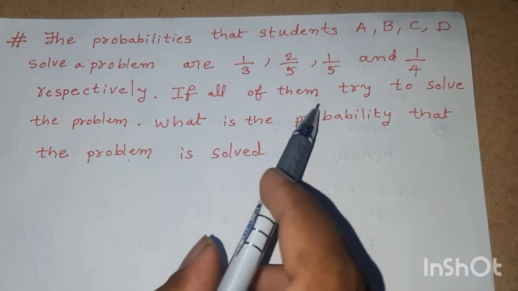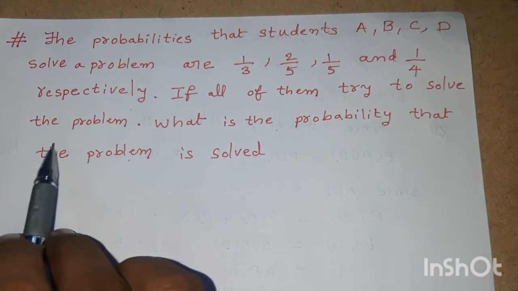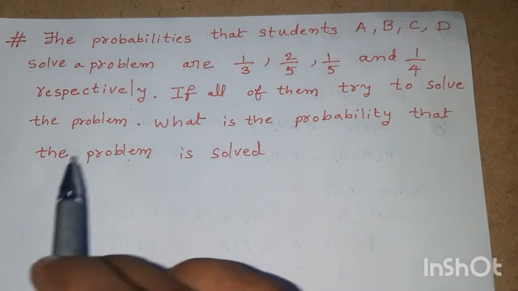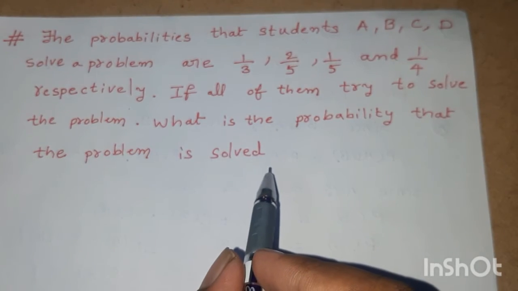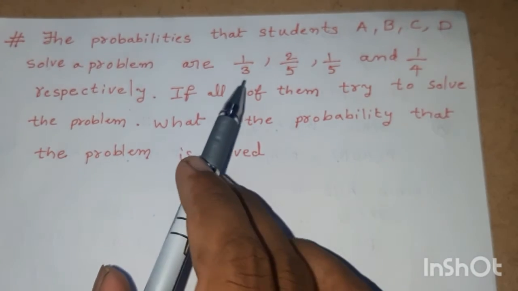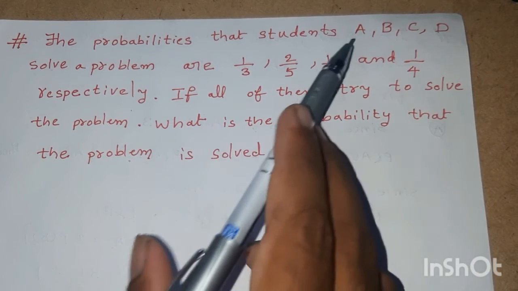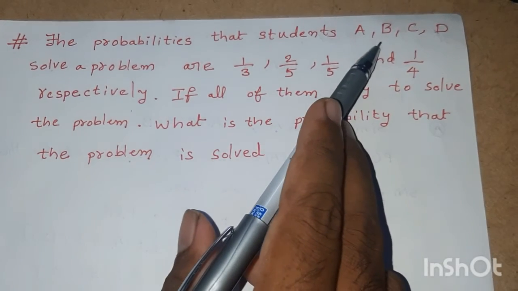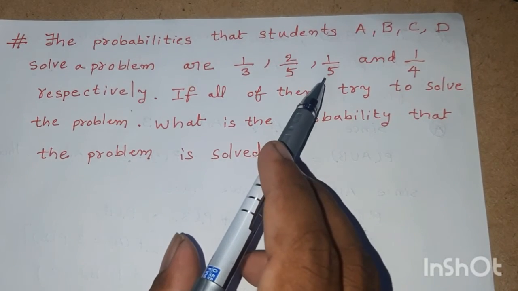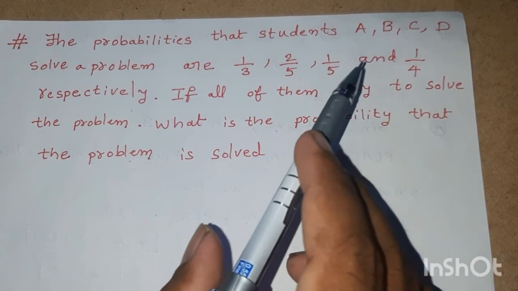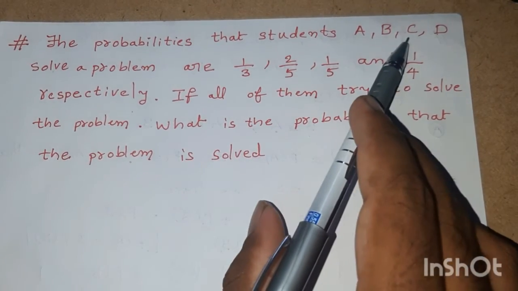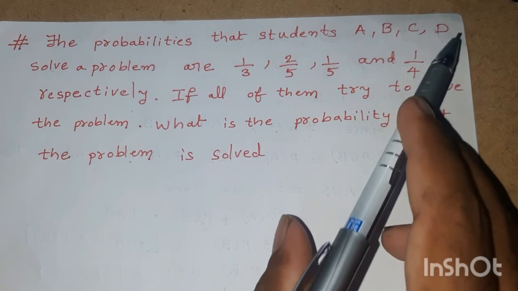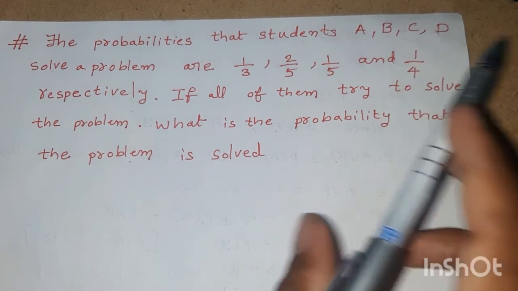If all of them try to solve the problem, what is the probability that the problem is solved? 1/3 is the capacity for A to solve the problem, 2/5 for B, 1/5 for C, and 1/4 for D.